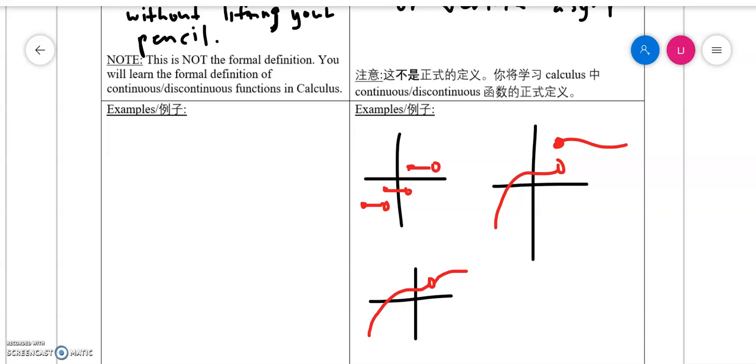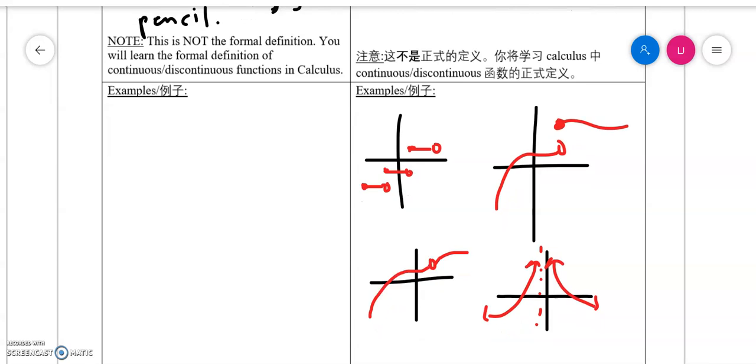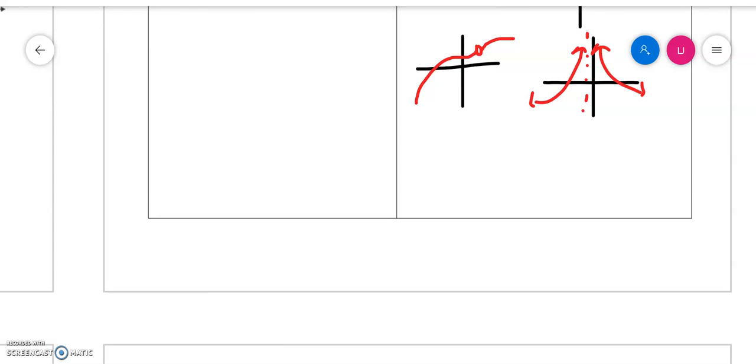And then of course no vertical asymptotes. So we can't have anything like, let's say this, because there would be an asymptote right there. All right, so now you know what continuous and discontinuous functions are.